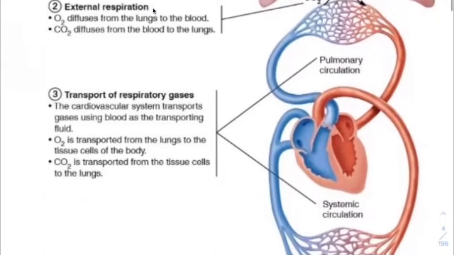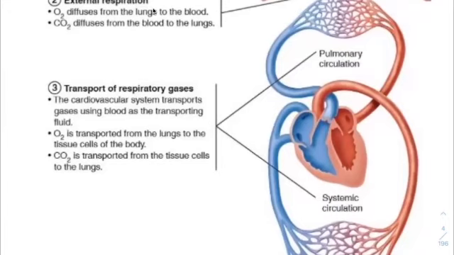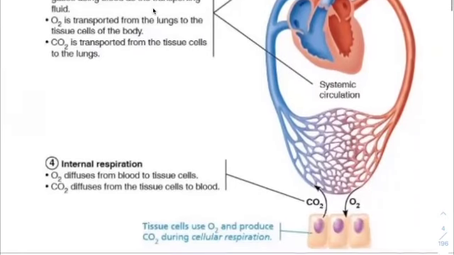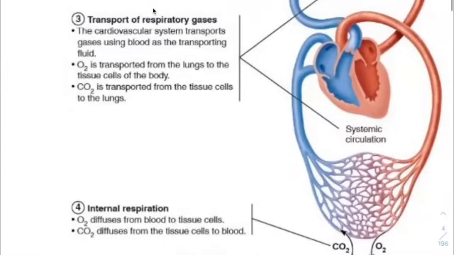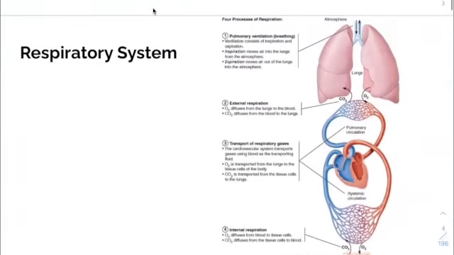Our transport system, our whole circulatory system, takes oxygen where it needs to go and picks up carbon dioxide along the way. And then our internal respiration is where we're exchanging oxygen and carbon dioxide at the cellular level. So this is all what's taking place in our systems all day, every day.